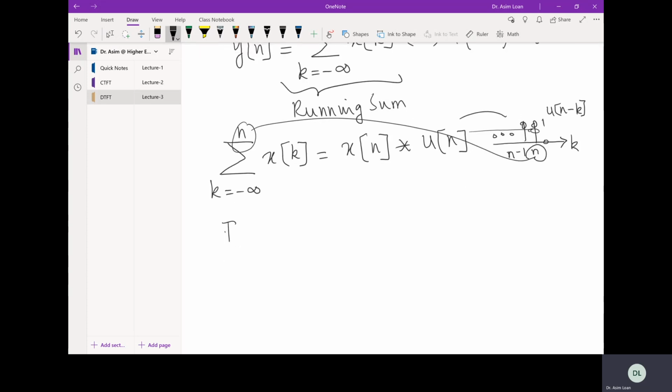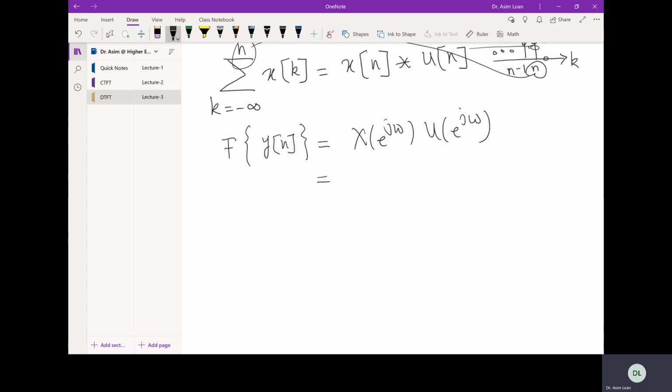So the Fourier transform of y of n is simply x of e^jω times the Fourier transform of u of n, which is u of e^jω, which is equal to x of e^jω times [πΣδ(ω − 2πk) + 1/(1 − e^{−jω})].